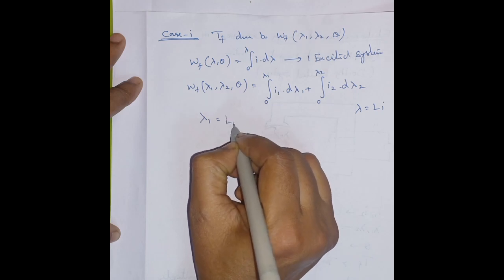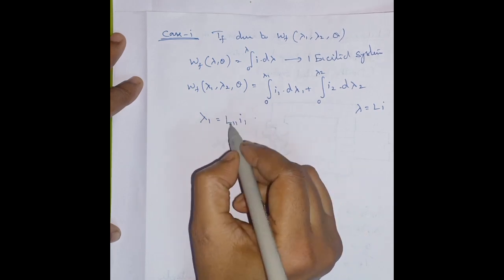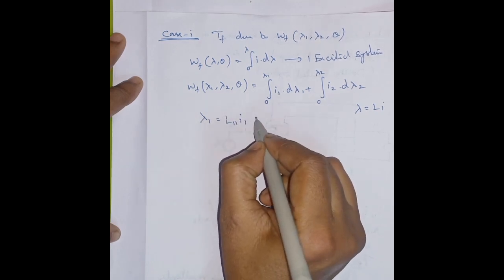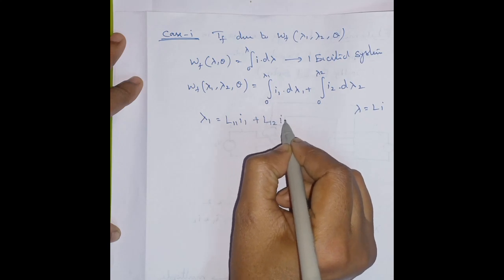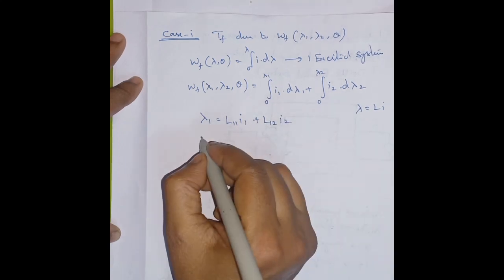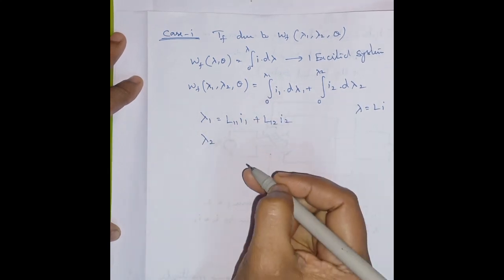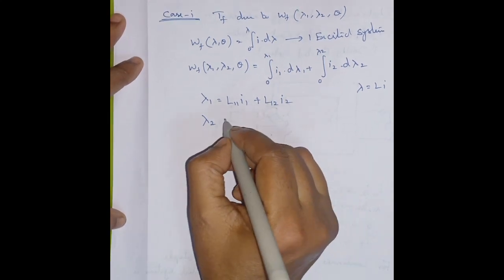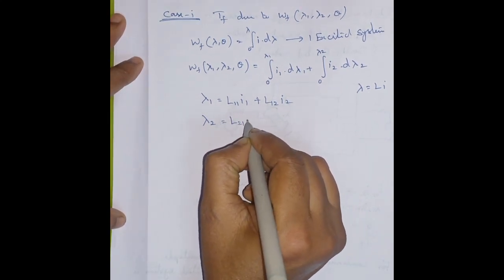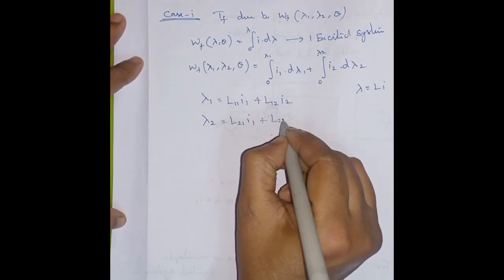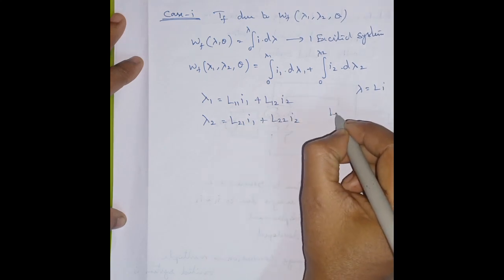So we can write L11 I1. This is the self inductance due to its own current. Plus L12 I2, correct? And similarly lambda 2, the flux linkage in coil 2, is again L21 I1 plus L22 I2.